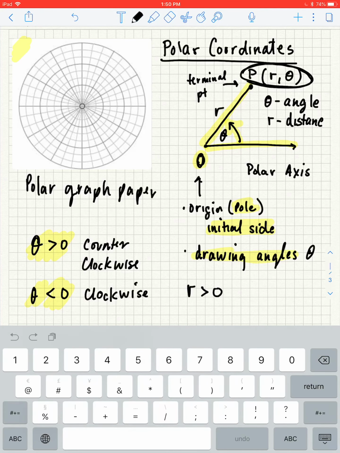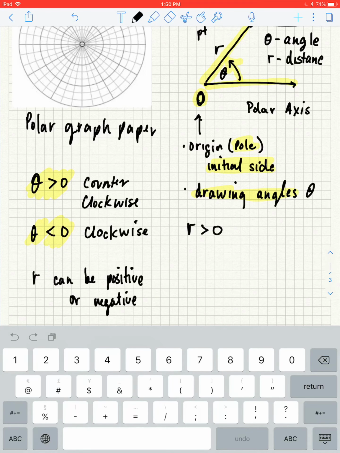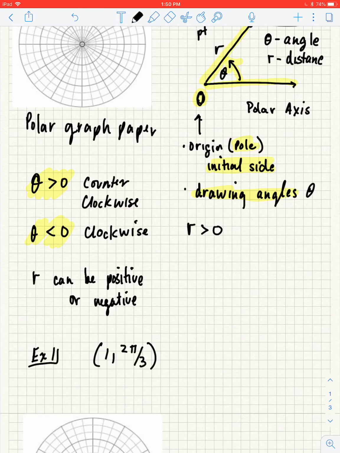You always start with your initial side, the angle goes out, and r is positive. That one's the obvious one.